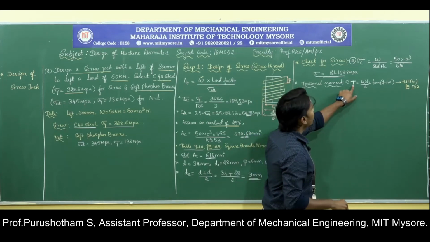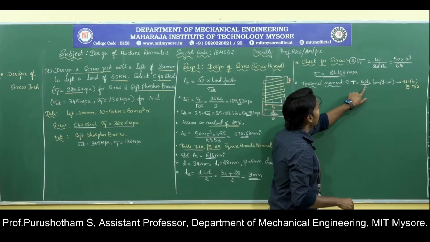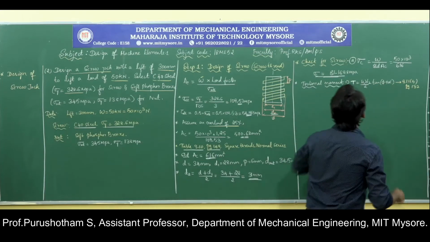So the torque required to raise the load is given by W d2 by 2 tan of phi plus alpha.